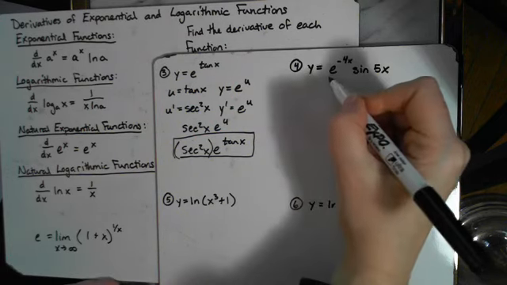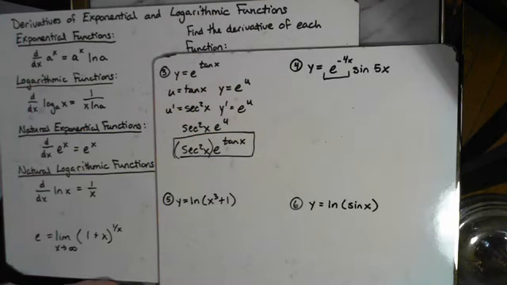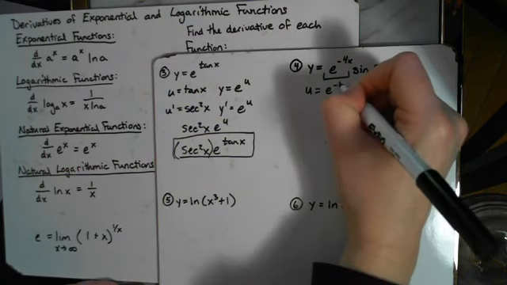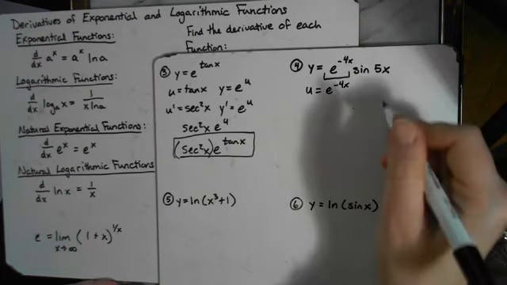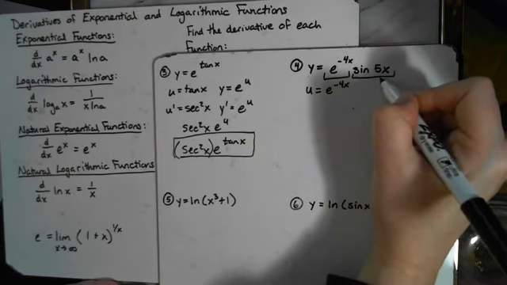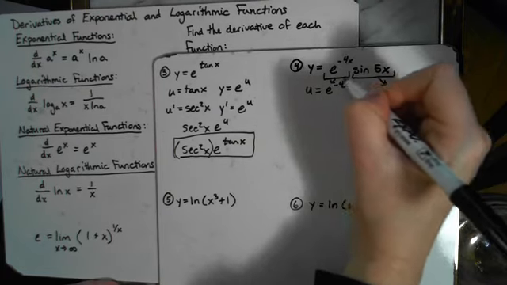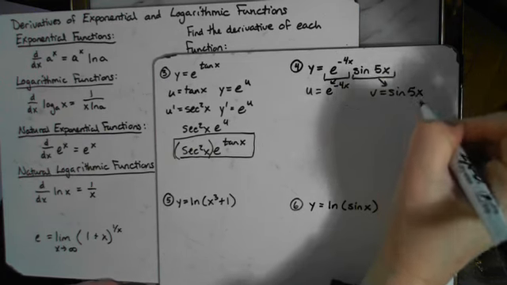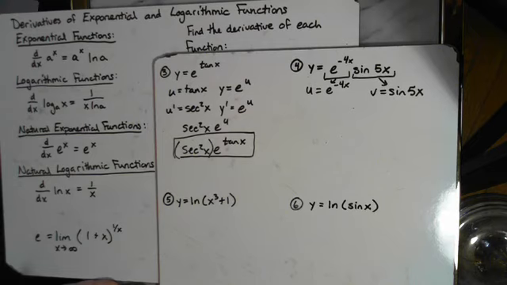So I'm going to start out looking at this e to the negative 4x. Okay, so if u is e to the negative 4x, then v is going to be this part here. Okay, and I'm going to find their derivatives.